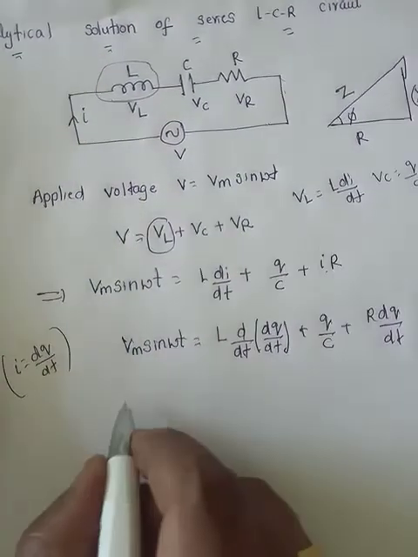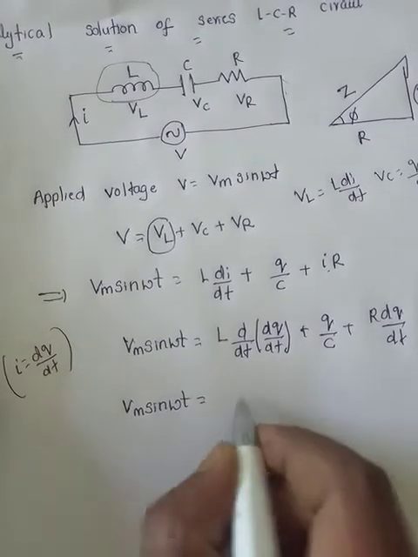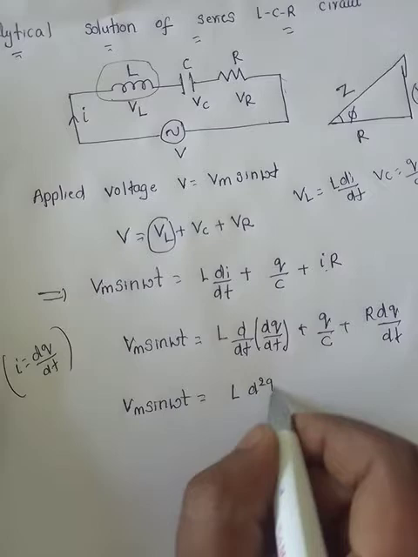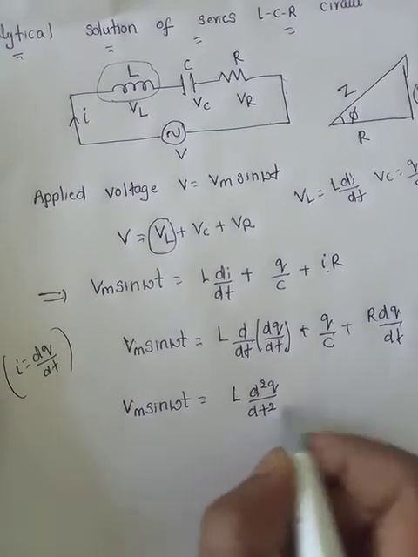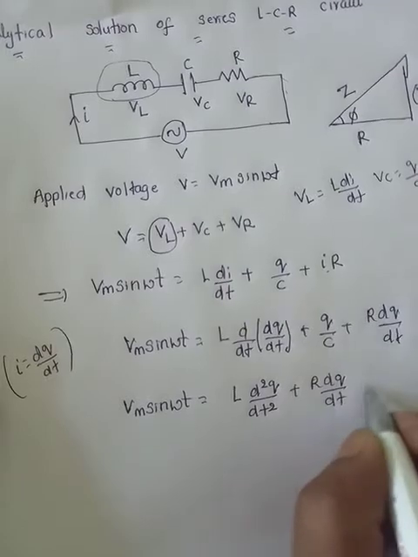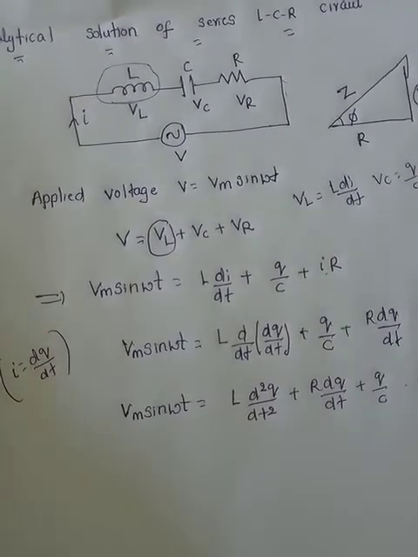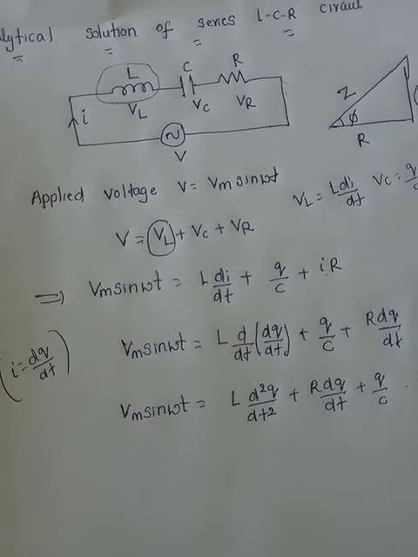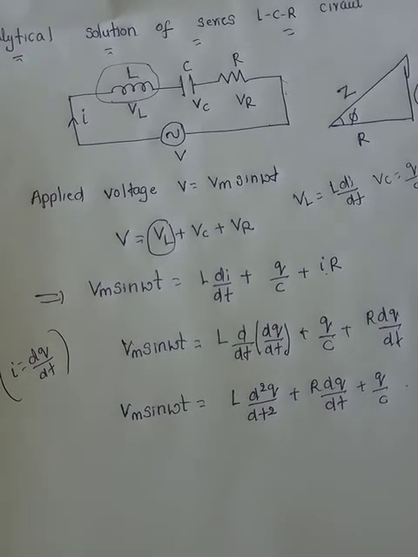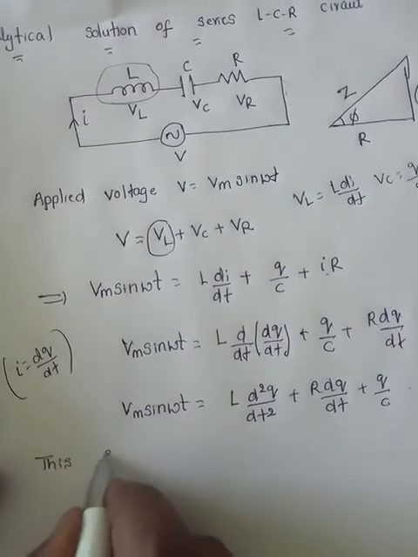Rewriting the same equation: Vm sin omega t equals L into d square Q by dt square plus R into dq by dt plus Q by C. Consider this equation number 1. We have seen this equation somewhere in mechanics, right?